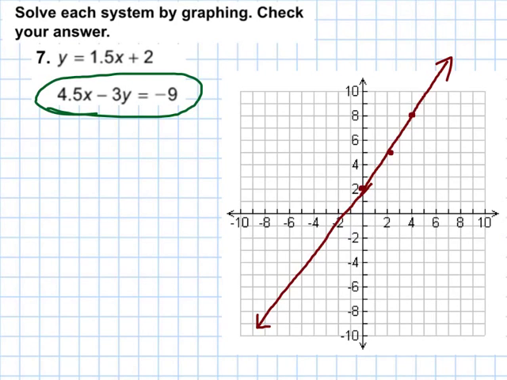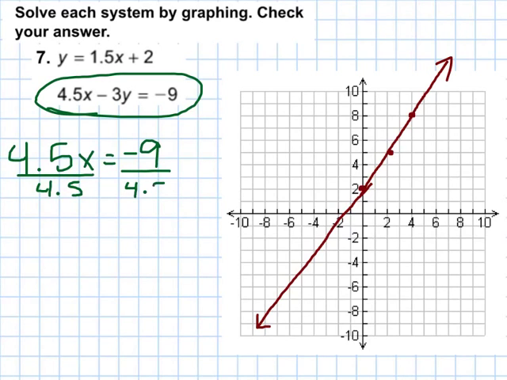Remember, standard form we can use intercepts. You can move the equation around to get it to be in slope-intercept form, but I find it easier just to go ahead and make my y 0 to give me 4.5x equals -9. Divide by 4.5, divide by 4.5, and we'll get x is equal to -2.